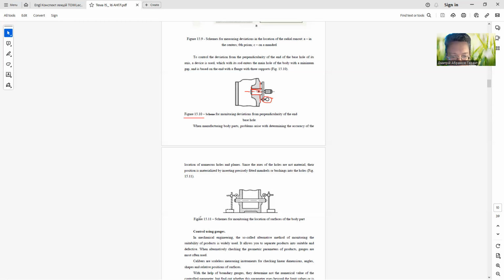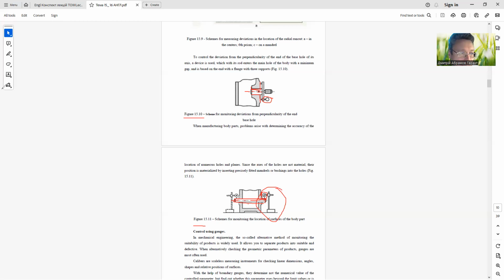Figure 15.11. You can see a special mandrel installed in the holes, and two stands with indicator heads. These are measuring instruments. It's a scheme for monitoring the location of surfaces of body parts.